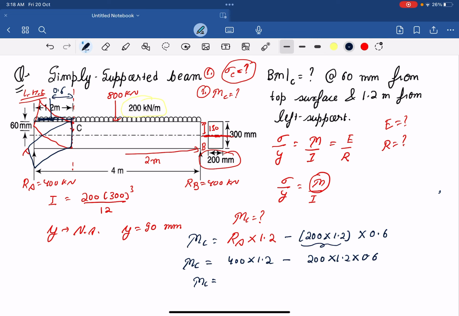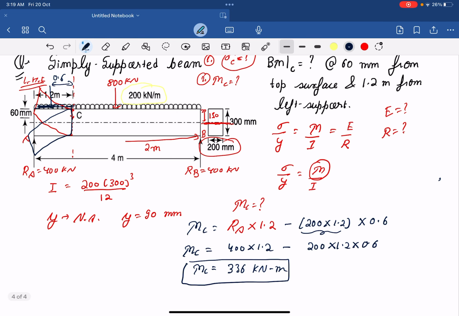Do along with me. 200 into 1.2 into 0.6. 400 into 1.2 minus this, it will lead to 336 kilonewton meter. So the answer of the first part of this question is 336 kilonewton meter, the bending moment at point C. Now we will be calculating sigma C.